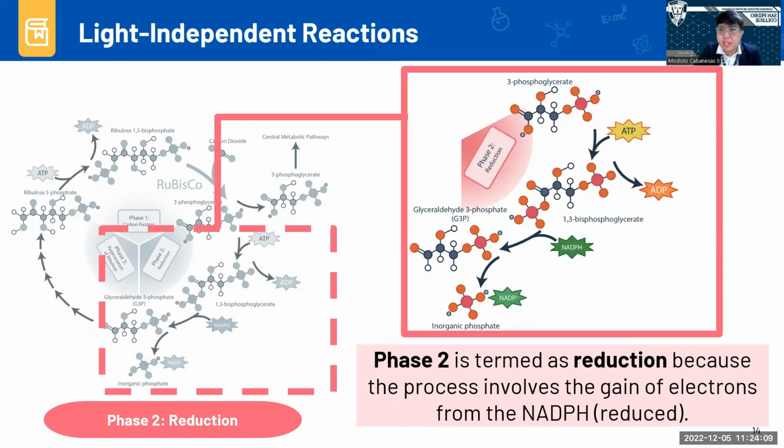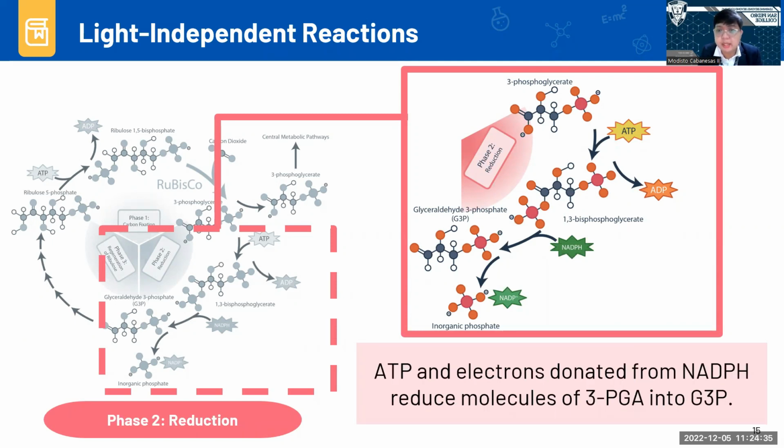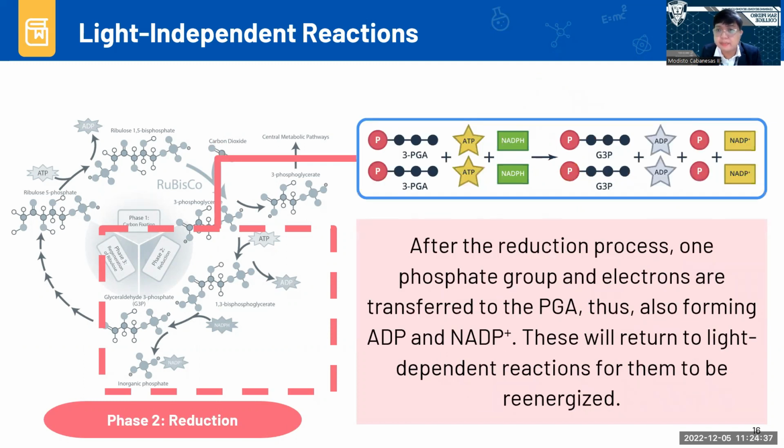Yan, so sa reduction, pumasok si ATP, naging ADP na siya. 1,3-bisphosphoglycerate yung name. Then, si NADPH din papasok. It will change into G3P later on. Yan, so nawala si phosphate ions, kinuha siya. So ganito yung parang sa reduction phase, at the end of the reduction phase.